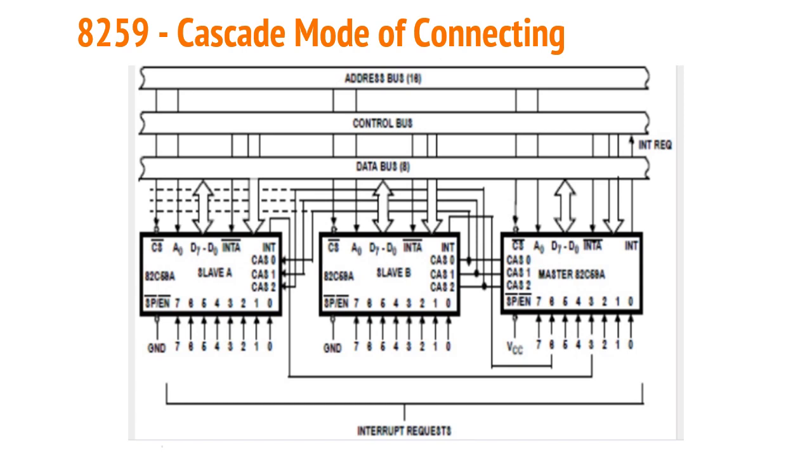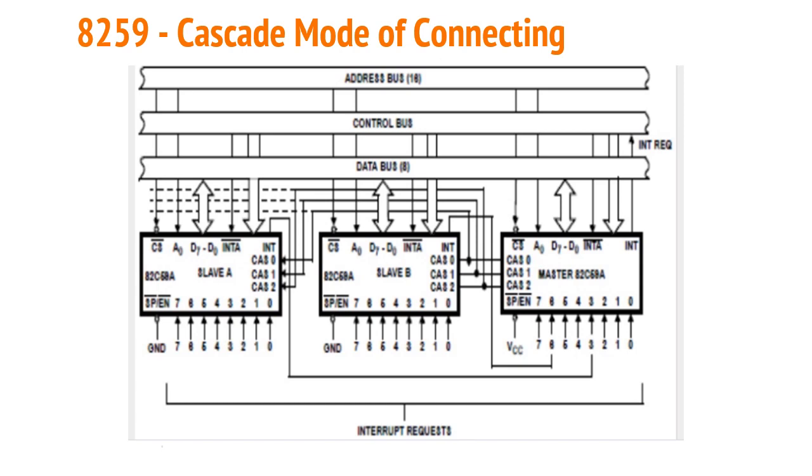Each of the slaves will be working independently like a normal 8259A works. It can receive 8 interrupts at the same time. It will resolve the priority and then select an interrupt which needs to be serviced. That particular interrupt output, that is the INT output of each of the slaves, is connected to the IR input of the master.